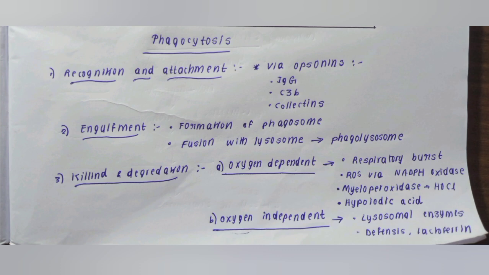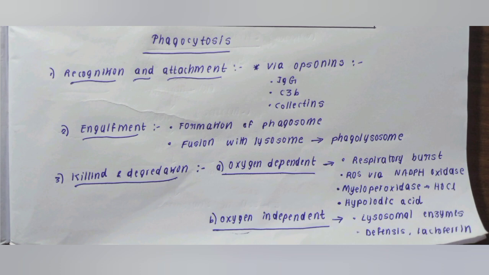Now I can understand you can't get what is actually happening here. Oxygen dependent, oxygen independent, what is respiratory burst, what is reactive oxygen species via NADPH oxidase. That's why I said we're going to discuss this whole phagocytosis process in another video. In this answer, you have to mention this. I will suggest that for the whole chapter, we are going to make a playlist and put all the answers.